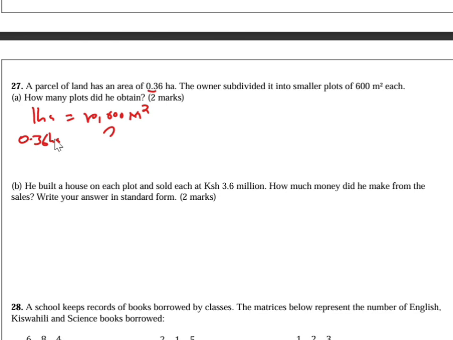So you can multiply it. So it will be 0.36 times 10,000. You will see it is 3,600 square meters.